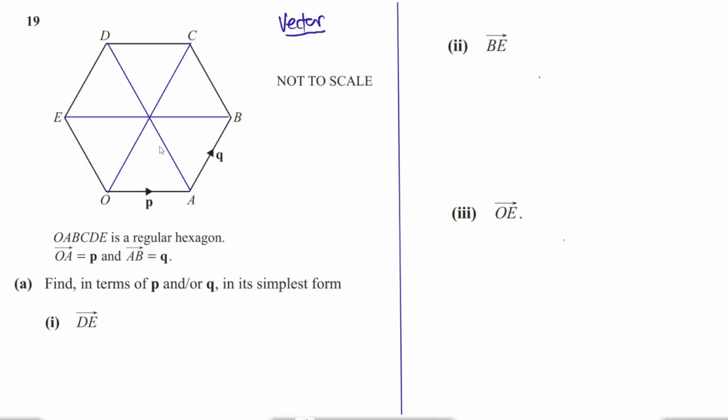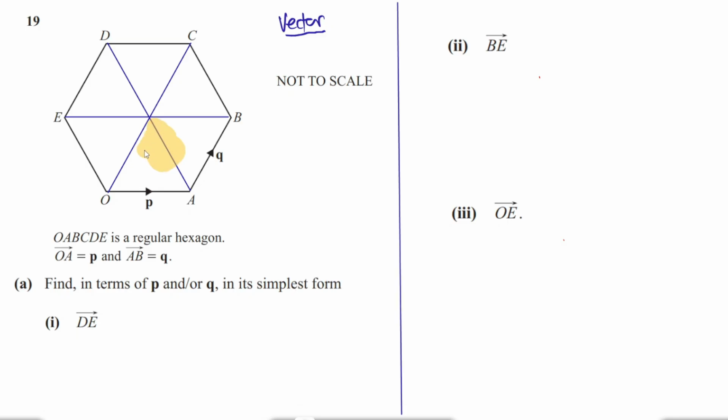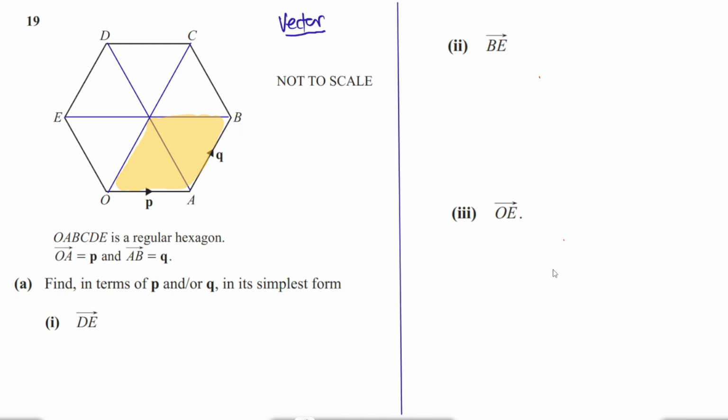If you see this diagram carefully, this question will take a little longer time. So in this diagram, this looks like a parallelogram. This looks like a parallelogram because if I take this as F, let us assume.